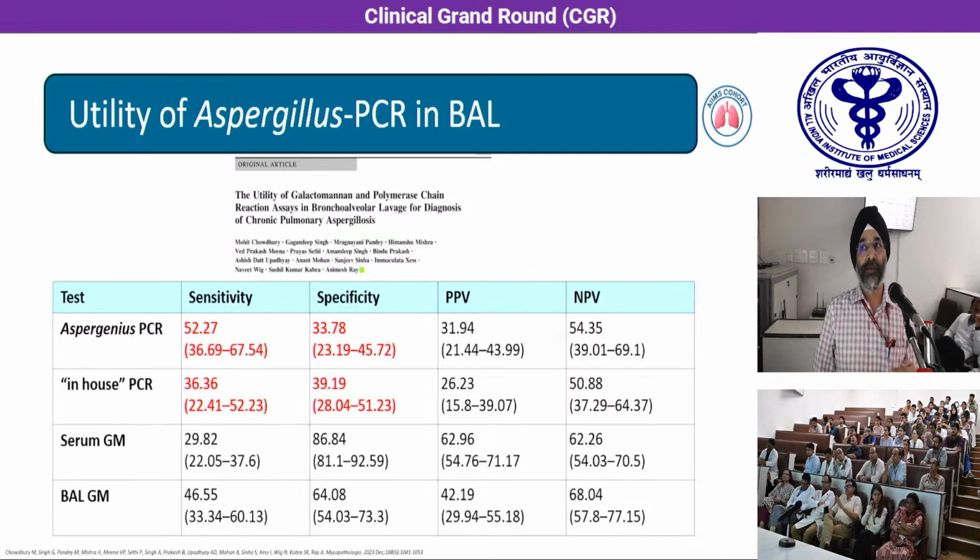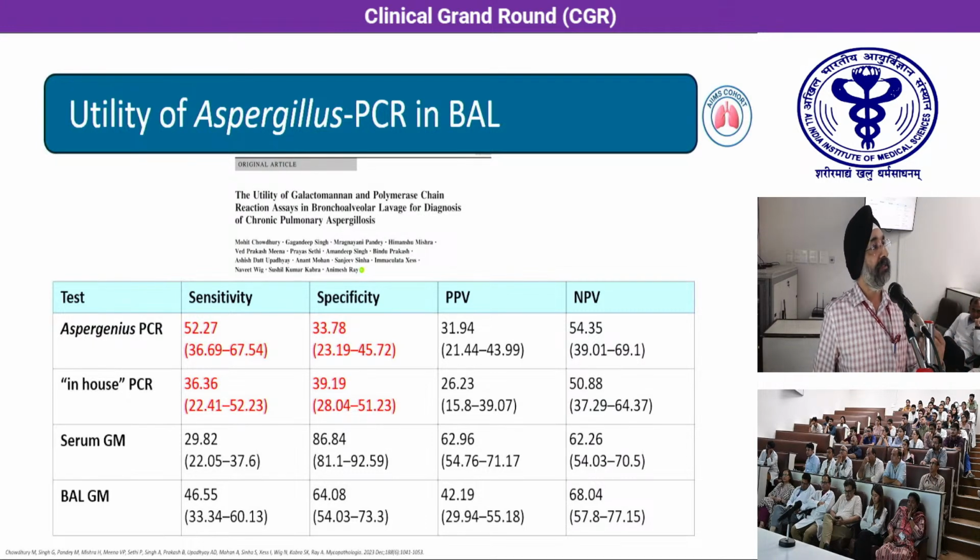The serum galactomannan had good specificity, although low sensitivity, and BAL galactomannan showed much lower specificity, because we generally would expect that CPA being limited to the lungs, the galactomannan would be able to pick up Aspergillus in the respiratory tract. So that wasn't the case, and this led us to think about what could be the reason for that.